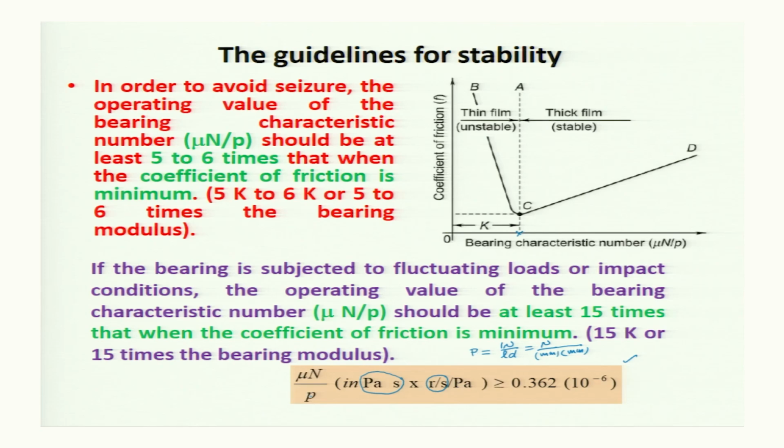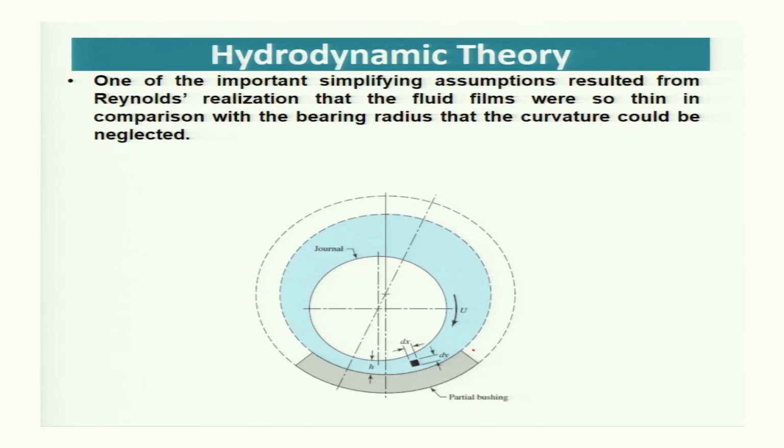This mu n by P should be greater than or equal to 0.362 into 10 to the power minus 6. This is another guideline for stability. We try to find the pressure which will develop in the clearance space, mathematically.